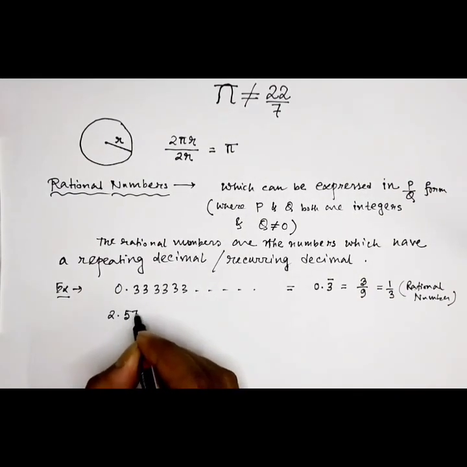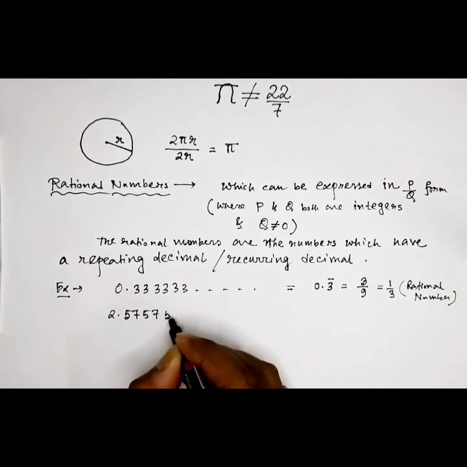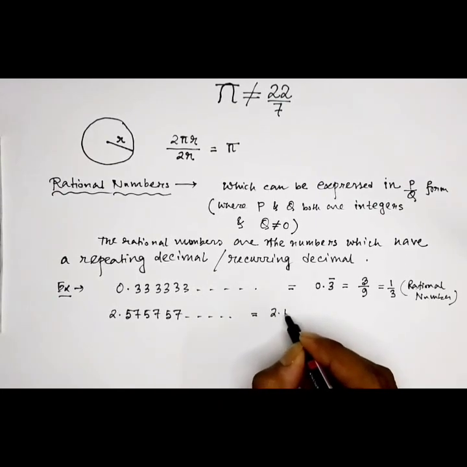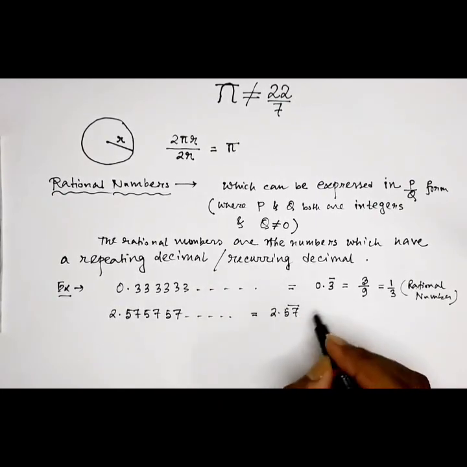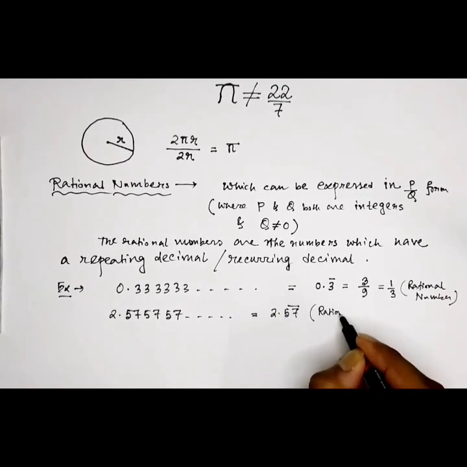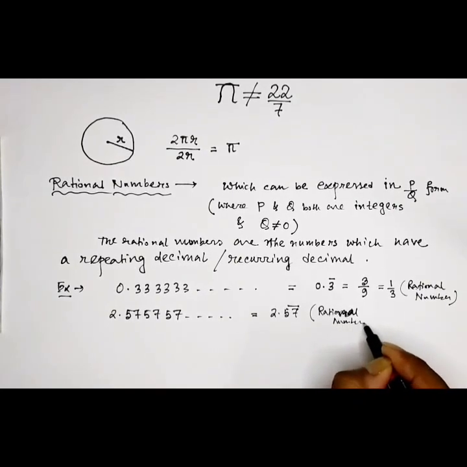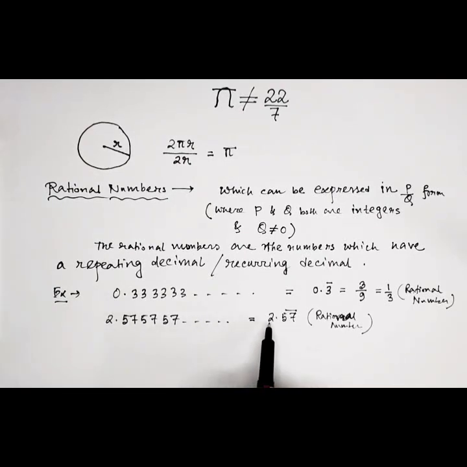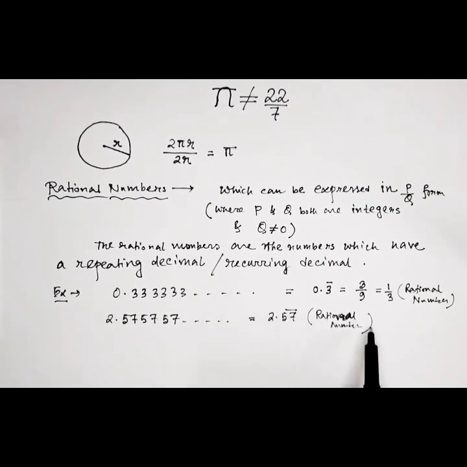Two point 575757 and so on, that is 2.57 bar, is also a rational number, because here 57 is repeating continuously. That is, recurring decimal occurs here. That's why 2.57 bar is a rational number.